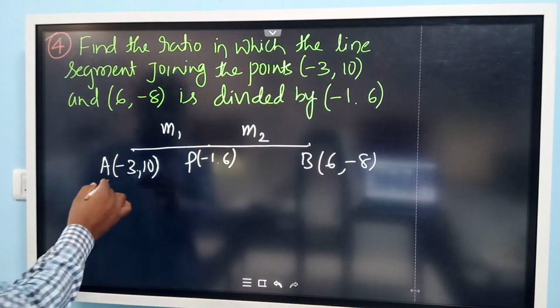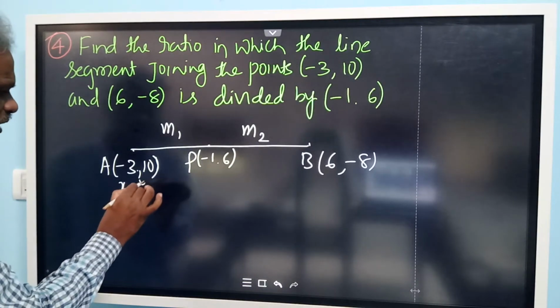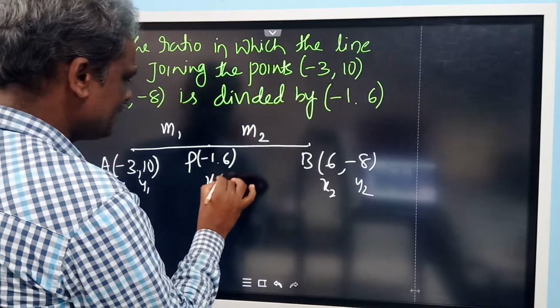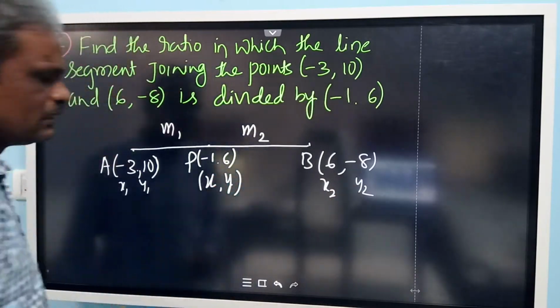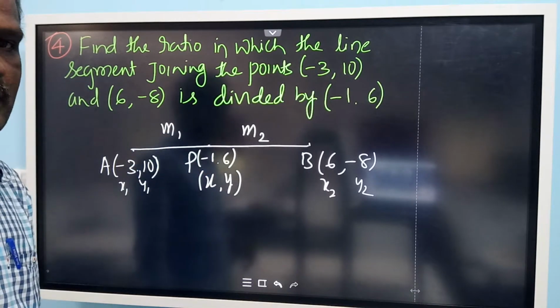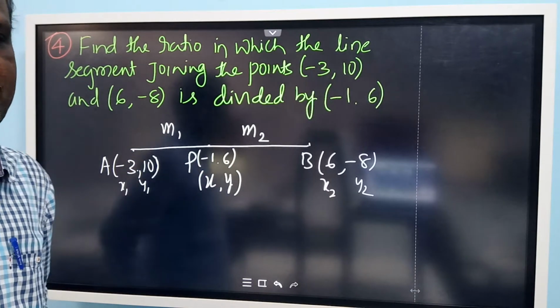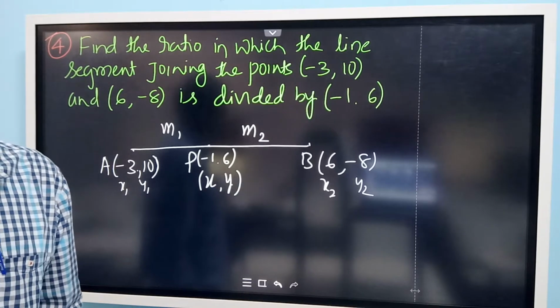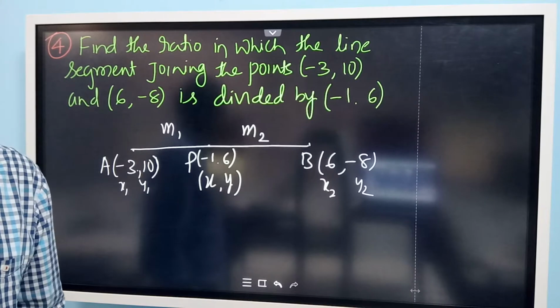The coordinates of A, I will take as x1, y1, this one as x2, y2, and this one I will take as x, y. Now you need to find the ratio. When I was finding the formula, we got three ratios.